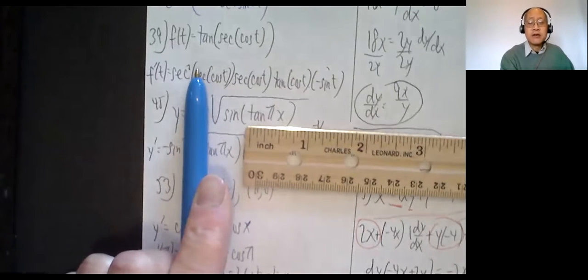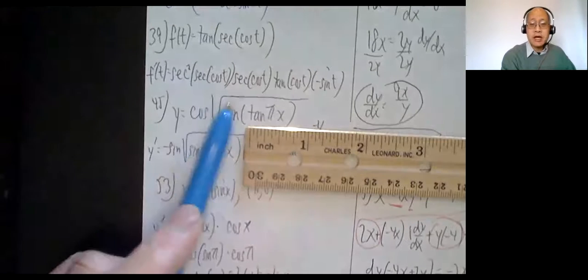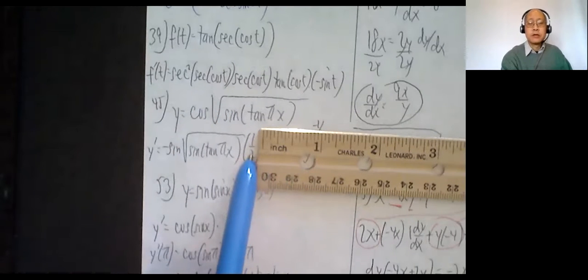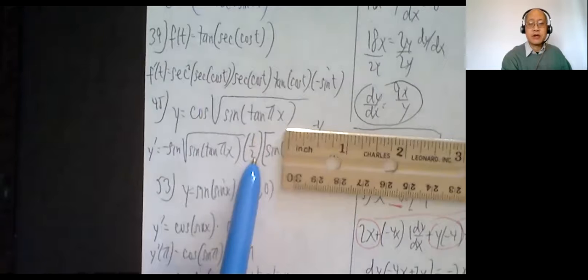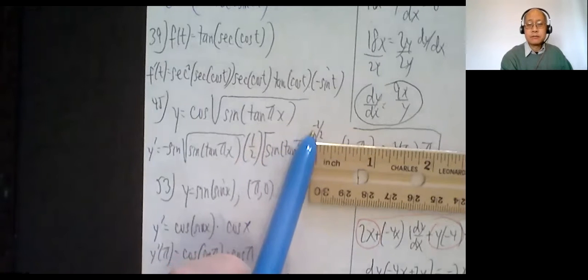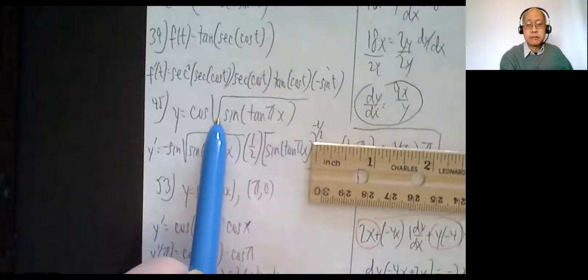So what is the next function? The square root function. Remember, square root means blah, blah, blah to the 1/2. So it's sine tan pi x to the 1/2, whose derivative is 1/2 sine tan pi x to the negative 1/2. Okay, square root's finished.